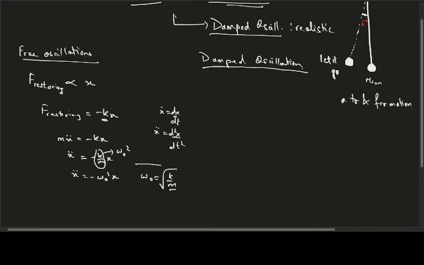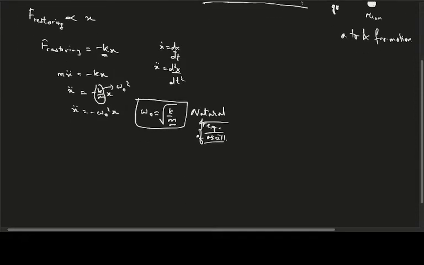This omega naught that we derive here is our natural frequency of oscillation. So this is our equation of motion that we have got. This is in terms of acceleration, so this x double dot is nothing but the restoring acceleration.